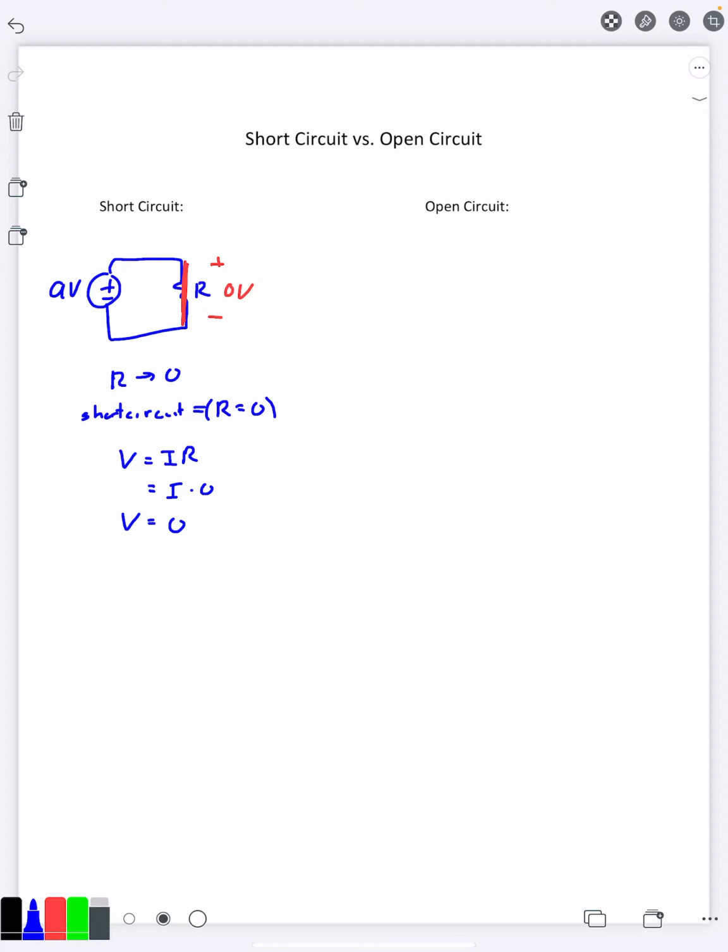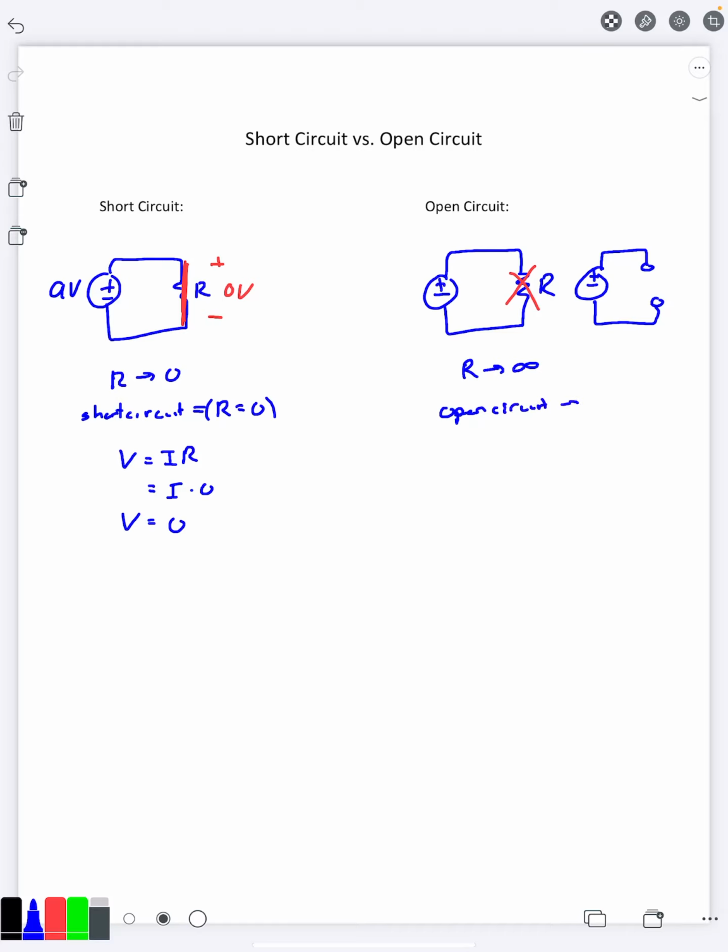With that said, an open circuit is pretty much the exact opposite of this scenario, where instead of your R going to 0, your R is going to go to infinite ohms. Now normally what we then do is we cross this out and we'd write it like this here, and that is what's going to be an open circuit.